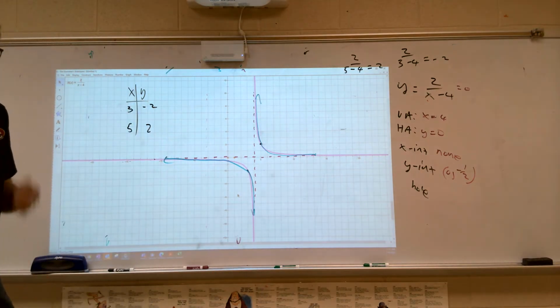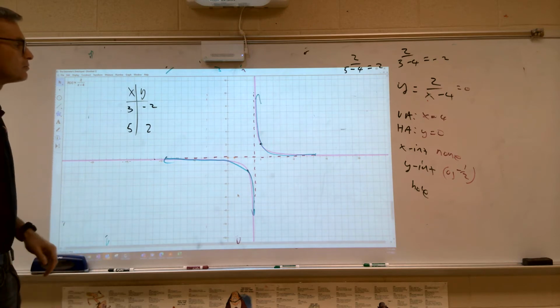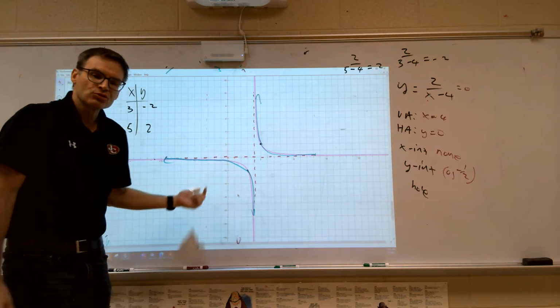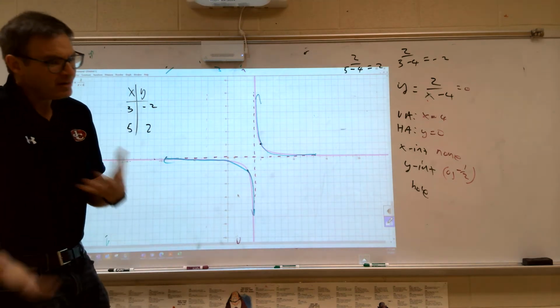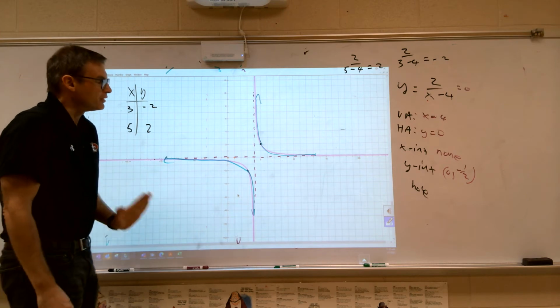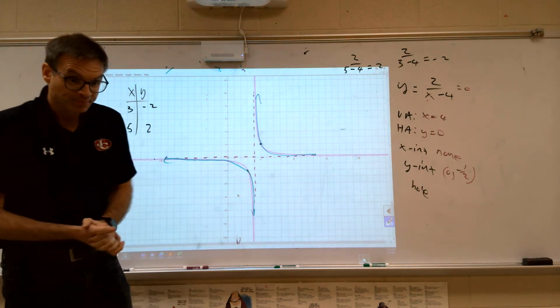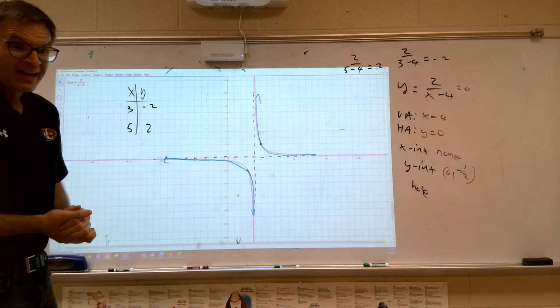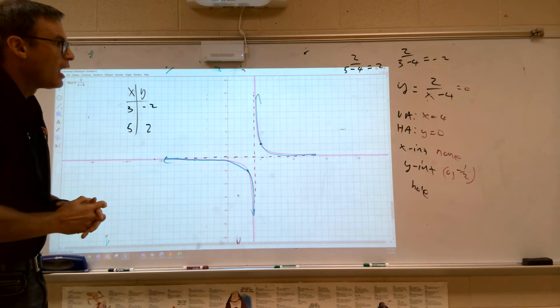And there's the actual picture. Are we perfect? No, but we're close. Probably could have been a little neater. I'm not after perfection here. What I'm after is, do you have the asymptotes in the right spot, and are these swoops in the right spot? So this is the easiest version.